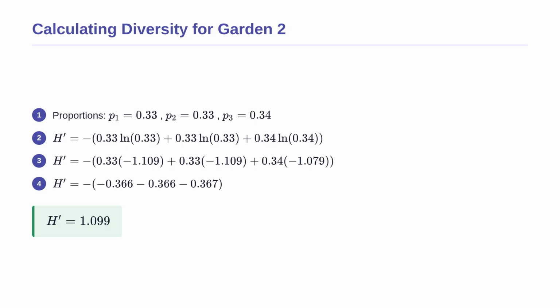When we do the math, we find that the terms inside the parentheses sum to negative 1.099. Applying the negative sign at the front gives us a final diversity index of 1.099. Notice that this score is significantly higher than the first garden score of 0.898. The structure of the formula naturally rewards communities where the proportions are spread out evenly.